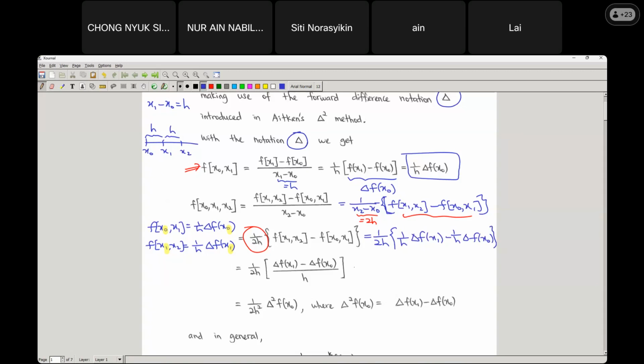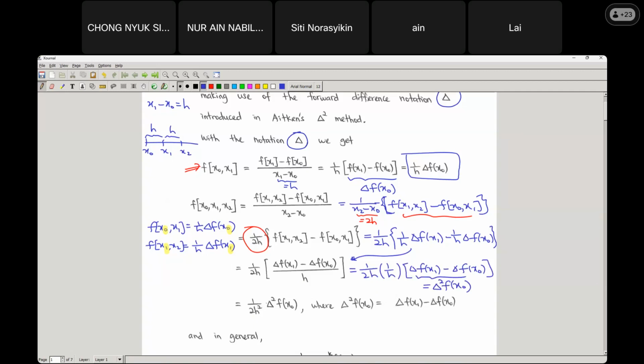So 1 over h, I can factorize it. Now I can factorize the h, so I will have 1 over 2h times 1 over h times triangle f(x1) minus triangle f(x0). So 1 over 2h times 1 over h gives 1 over 2h squared, times what we can write as triangle square f(x0).